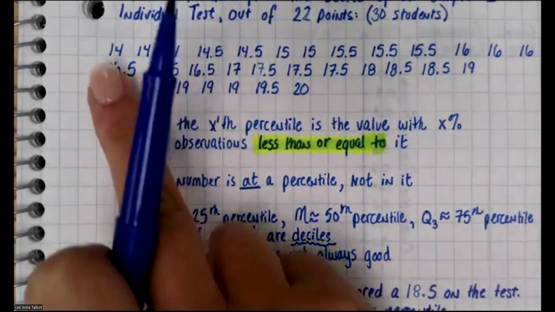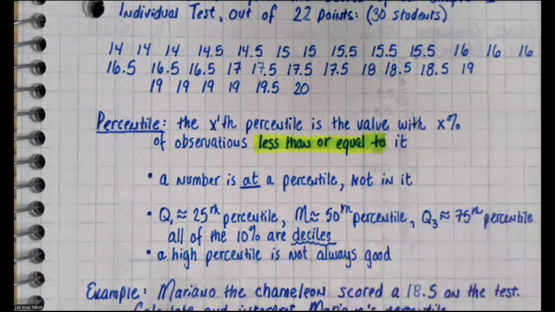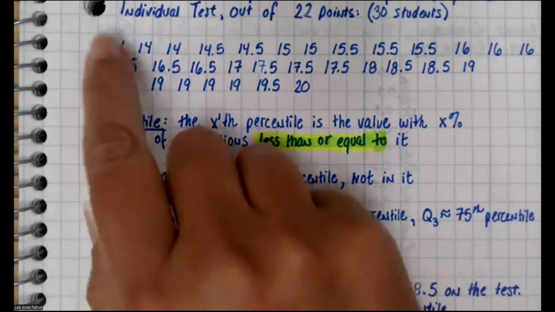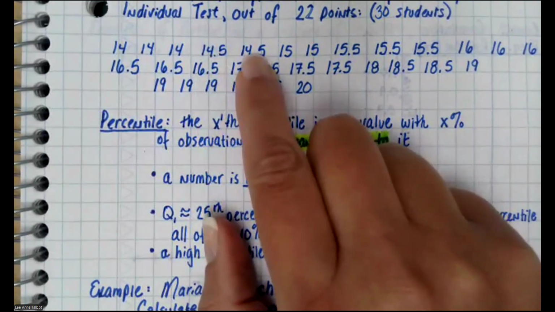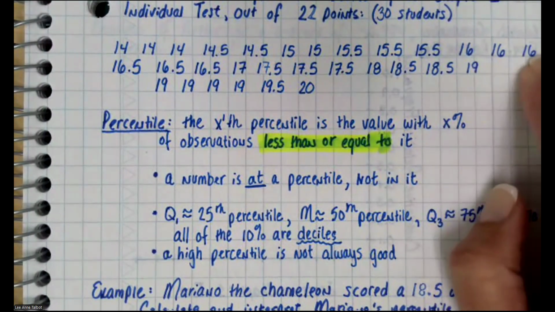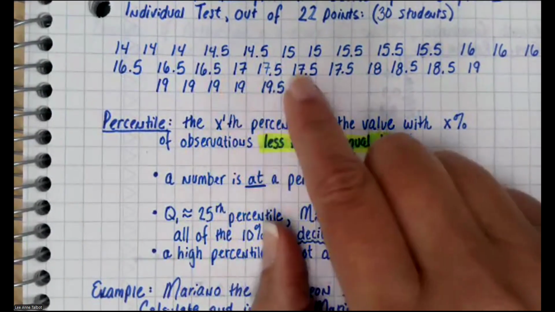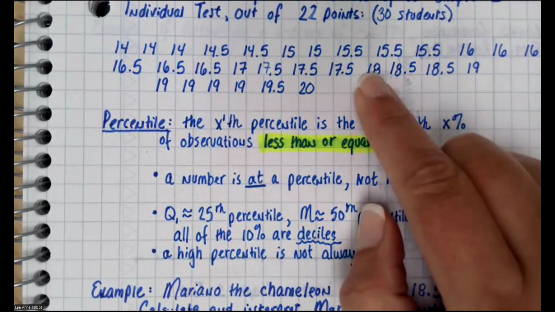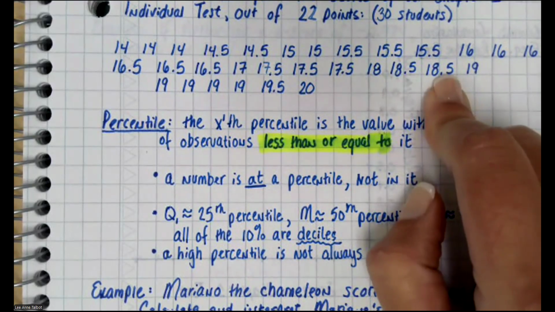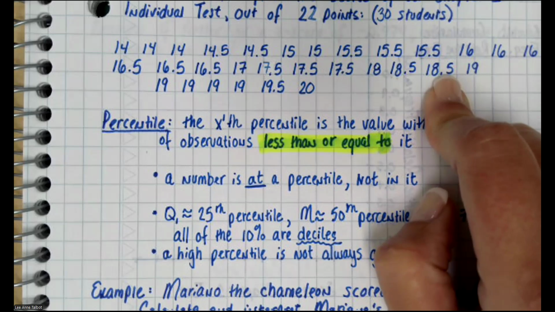So I'm going to count all the way from the bottom up less than or equal to 18.5. So 1, 2, 3, and so on up to 21, 22, 23. I'm counting all the way through the 18.5. So it's less than or equal to. Does everybody understand that? Okay.